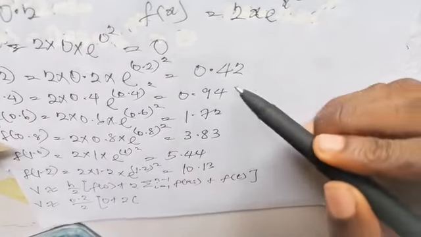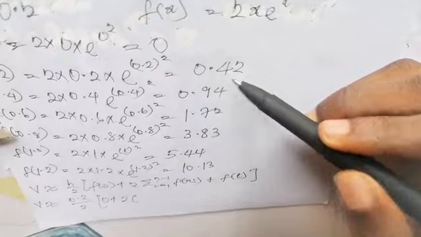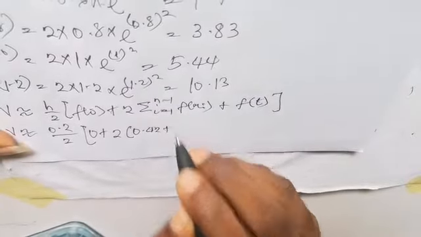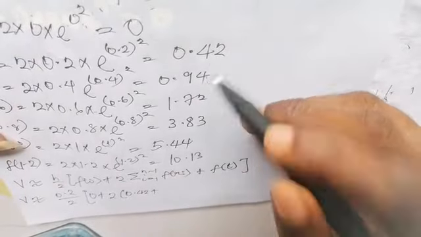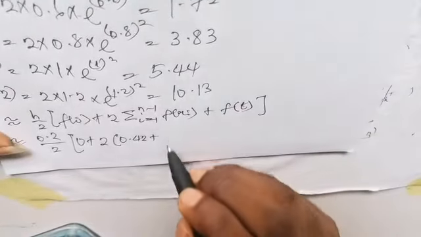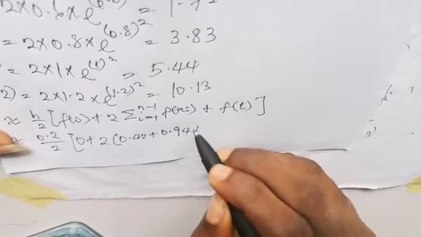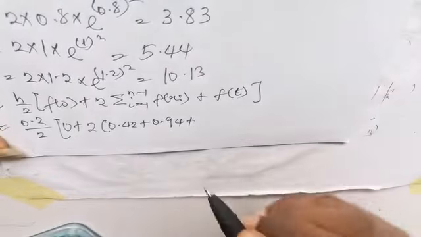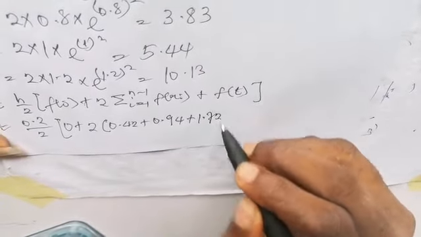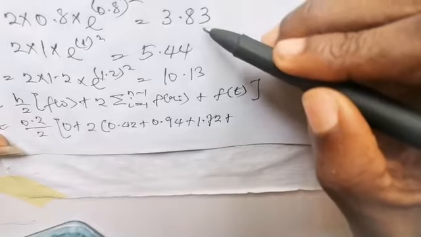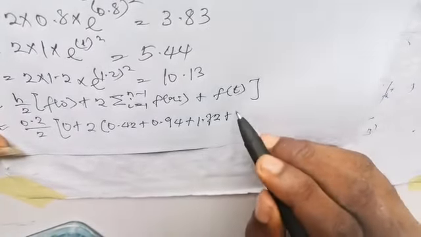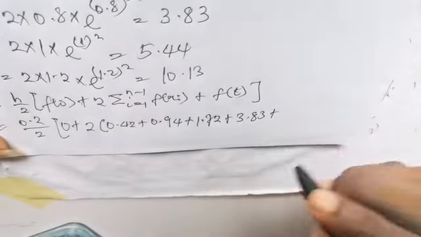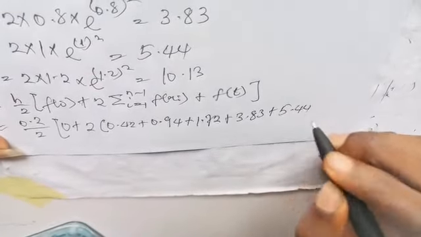We sum their values: 0.42 plus 0.94 plus 1.72 plus 3.83 plus 5.44.